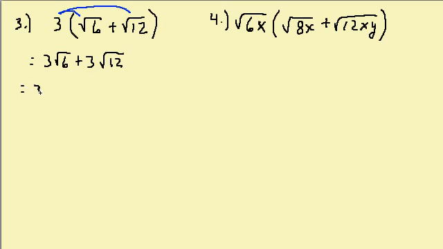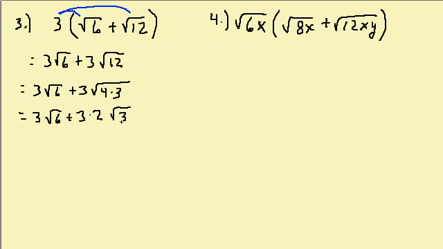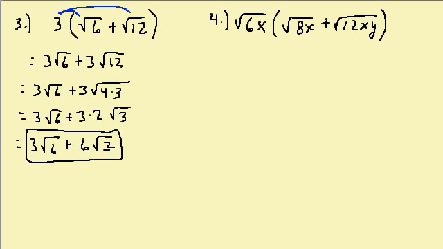So this is equal to 3 square root of 6 plus 3 times square root of 4 times 3. So this is 3 square root of 6 plus 3, and square root of 4 is 2, so times 2 times square root of 3. So this gives me 3 square root of 6 plus, and 3 times 2 is 6, square root of 3. And there's the answer.